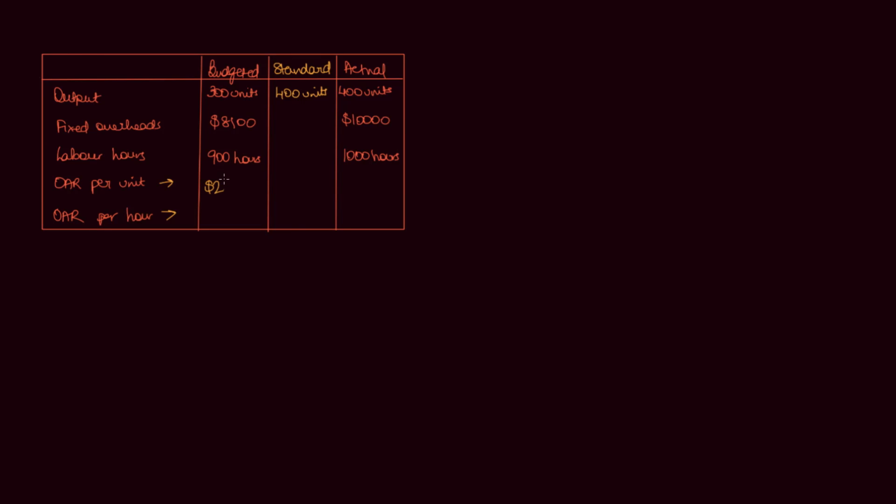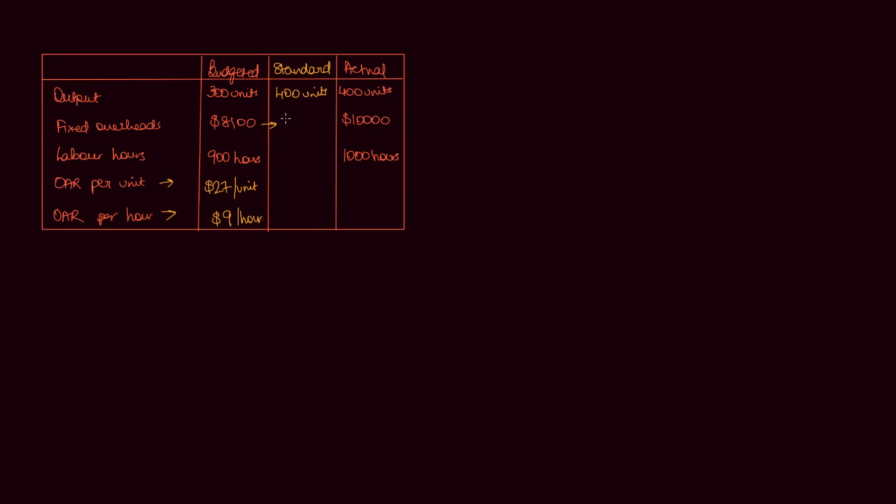So we get $27 per unit. And if we talk about the labor hours, overhead absorption rate per labor hour, $8,100 divided by 900 hours. So we get $9 per hour.